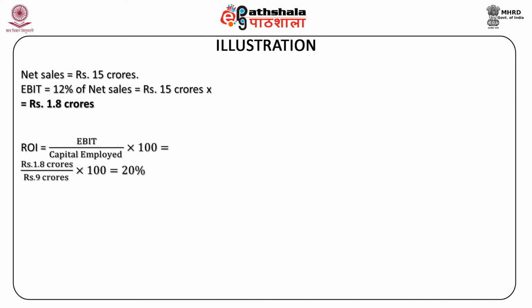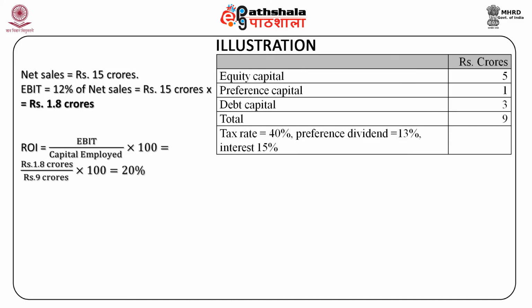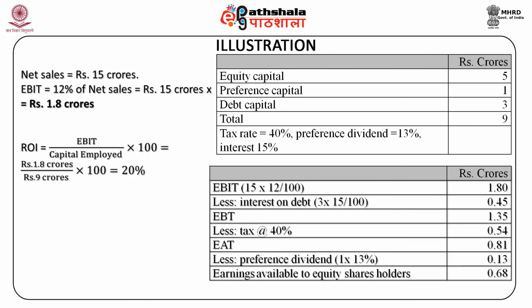If we look at the table, equity capital is 5, preference capital 1, debt capital 3 crores. Total is 9 crores. Tax rate is 40%, preference dividend 13%, interest is 15%. Look at the second table. EBIT we have calculated above as 1.8 crores, less interest on debt, which is 45 lakhs or 0.45 crores.